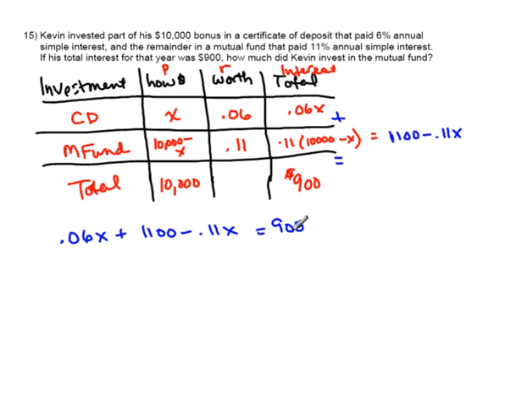And now if you'd like, you can go ahead and multiply through by 100 because we do have two numbers after the decimal place. So that would make that 6x plus 11x, and okay, so that's getting rid of the decimals. Collect your like terms.